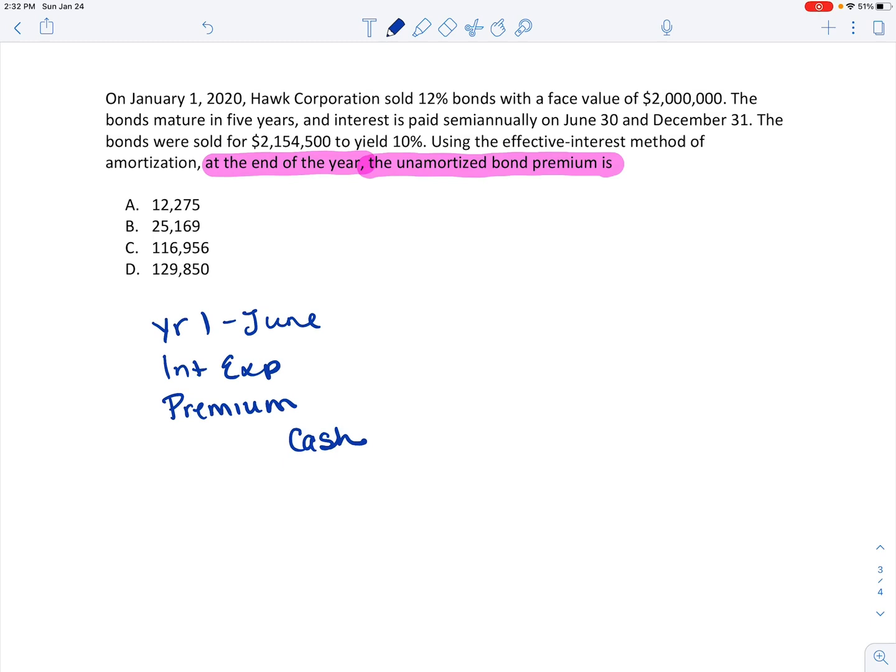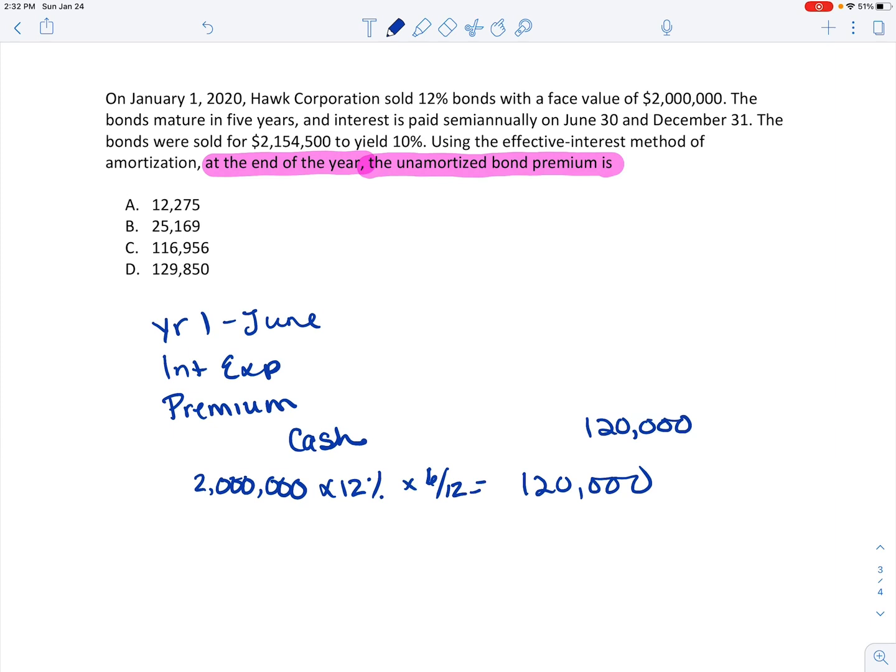So we know the cash amount's probably the easier piece to figure out. It's that 2 million times that 12% times 6 over 12, or 120,000. We're going to put that in here.